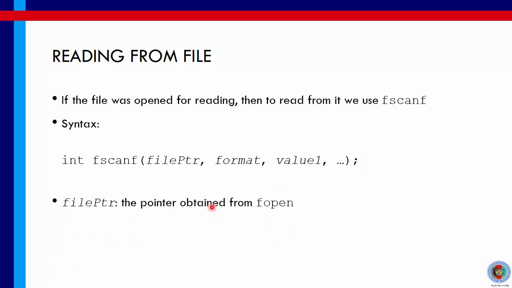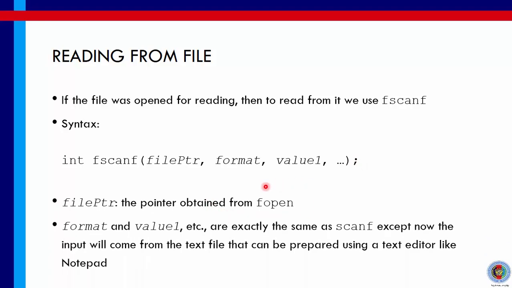File pointer is the pointer obtained from fopen, and format and value are exactly the same as scanf, except now the input will come from a text file that can be prepared using a text editor like Notepad, not from keyboard anymore.